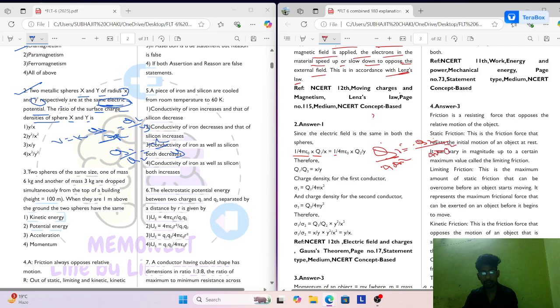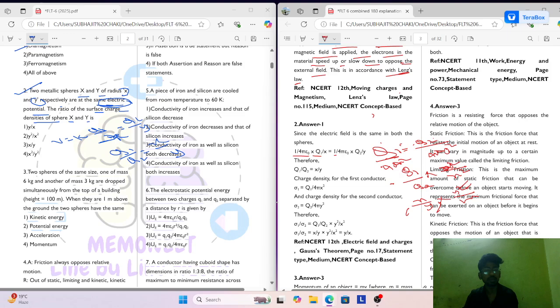The ratio of the surface charge densities is q1 by q2 into y square by x square. We already calculated q1 by q2 as x by y, so the ratio is x by y into y square by x square. The x cancels and one y cancels, so the answer will be y by x. Therefore option number 1 is the correct option.